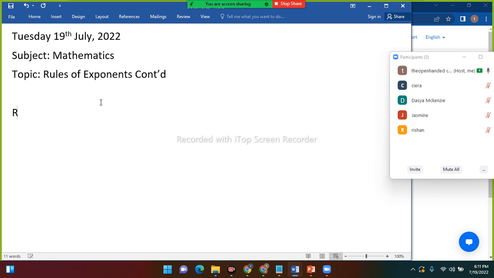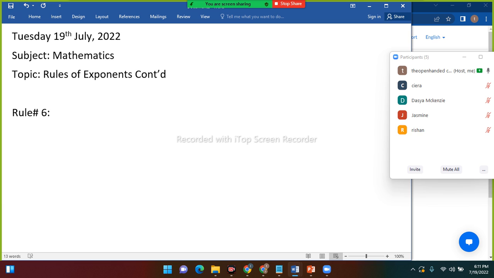All right, so rule number 6. And this one is an interesting rule, and it's worth noting, and we're going to talk about it right now. We already dealt with the product rule, quotient rule, power rule.